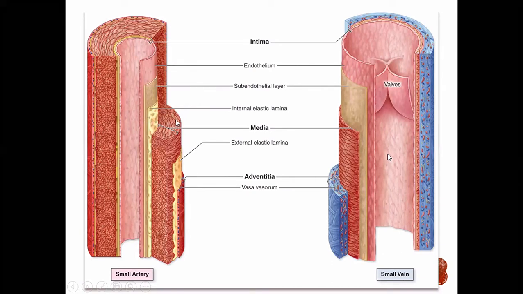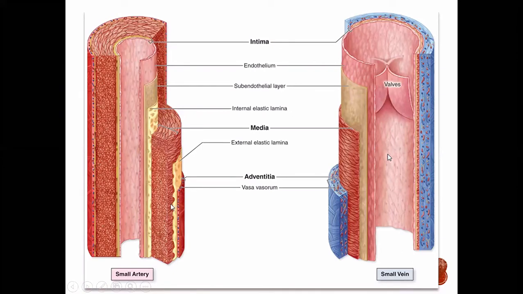The tunica media, which is thick in your artery as compared to your vein. Then you have your external elastic lamina, and then you have your adventitia. Take note that the adventitia in your vein is thicker than the adventitia in your artery.